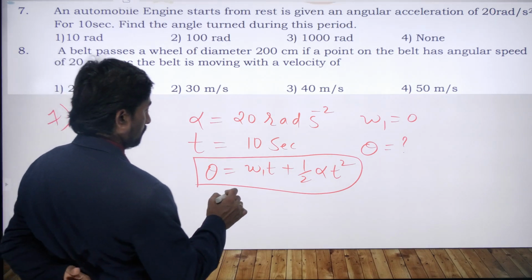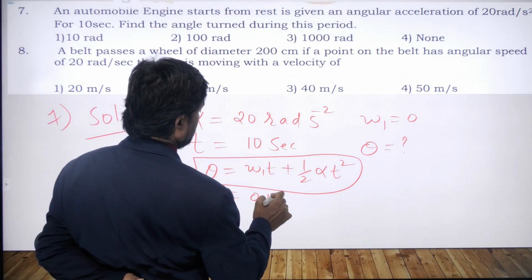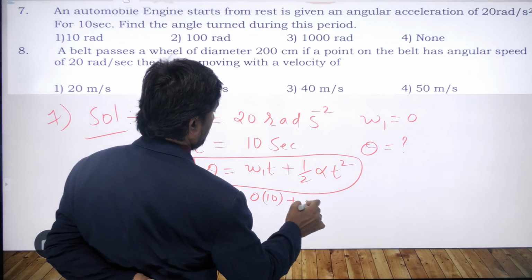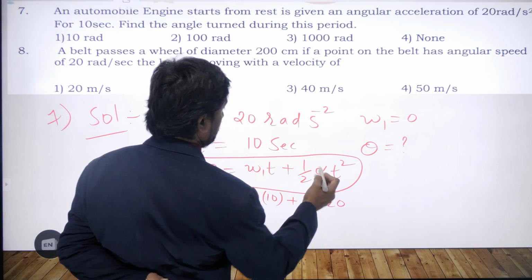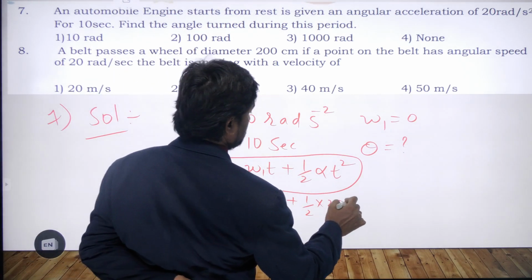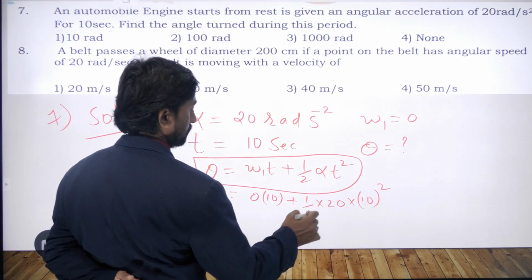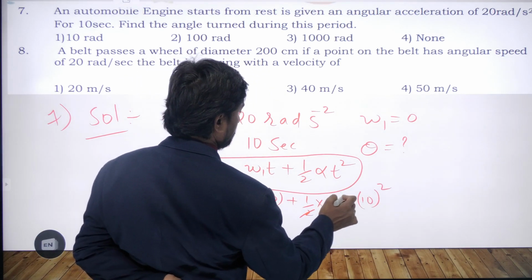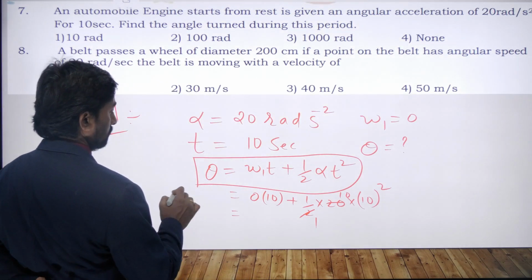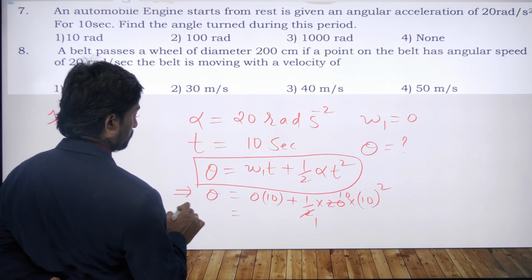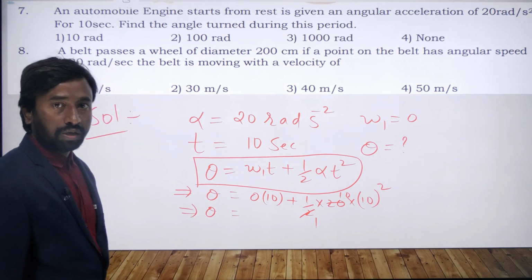Okay. So here omega 1 is 0, and time is given as 10 seconds, plus half into 20 radian per second square, which is alpha, and time 10, so 10 whole square. So theta is equal to 10 into 0, which is 0 only.